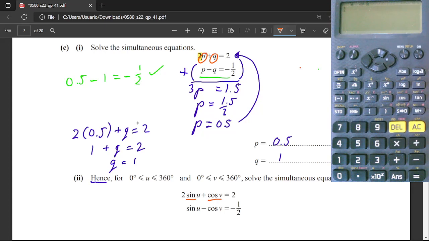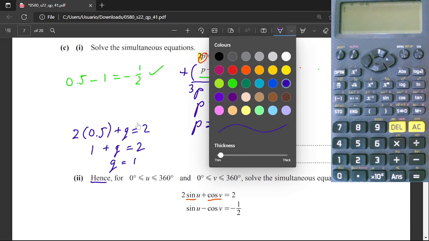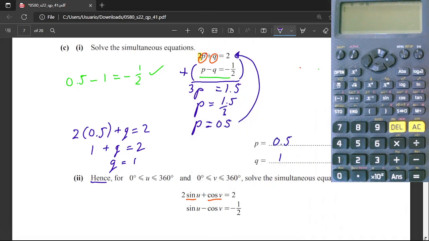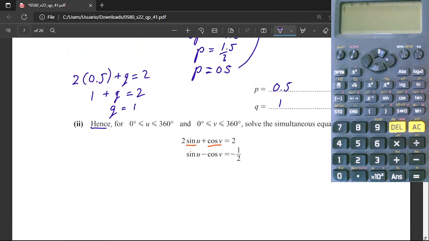So from that, hence, therefore, we can deduce that sin u is equal to p, because we replaced it, and we know that p equals 0.5 from our previous question. And then cos v replaced q, so cos v equals 1.